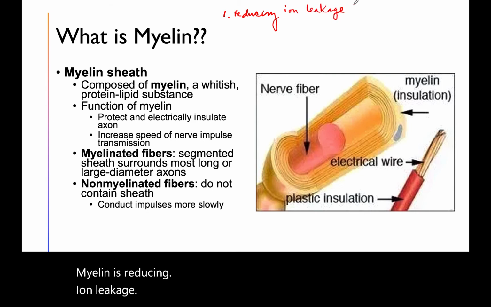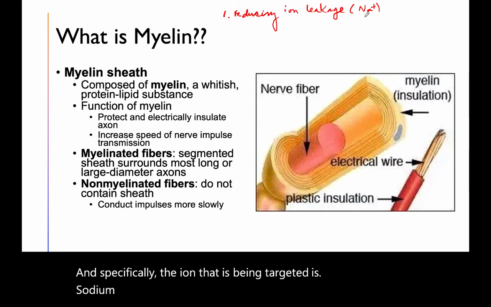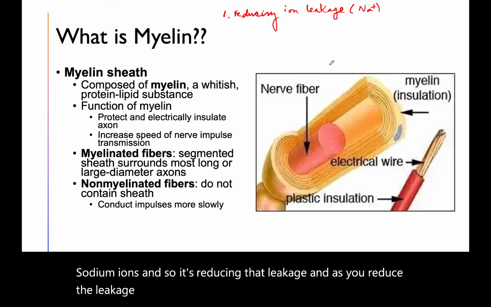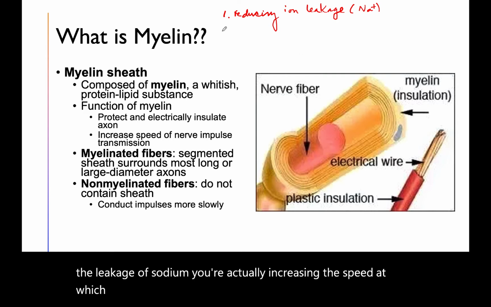Right? And specifically, the ion that is being targeted is sodium ions. And so it's reducing that leakage, and as you reduce the leakage of sodium, you're actually increasing the speed at which the action potential is moving.